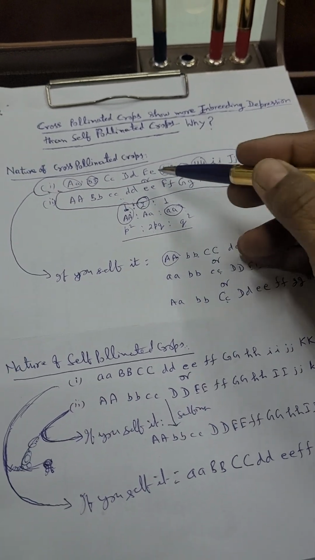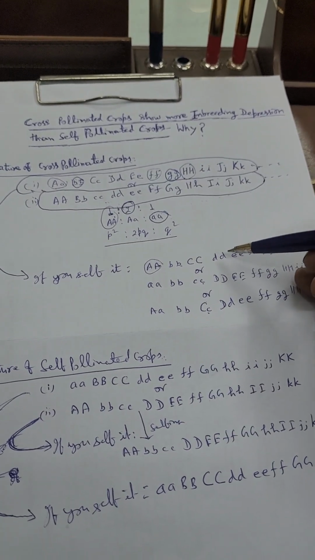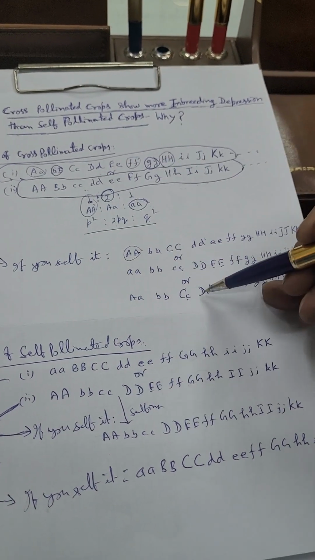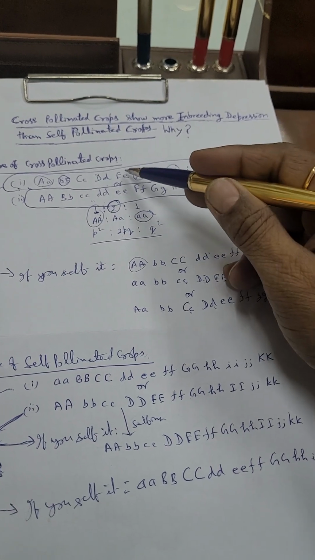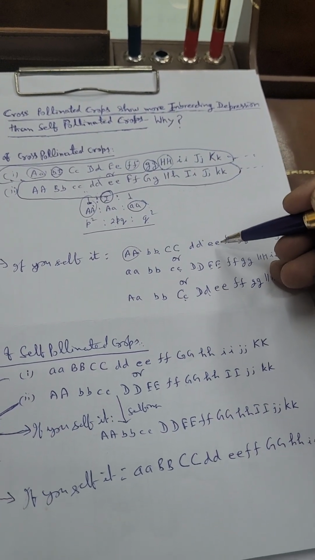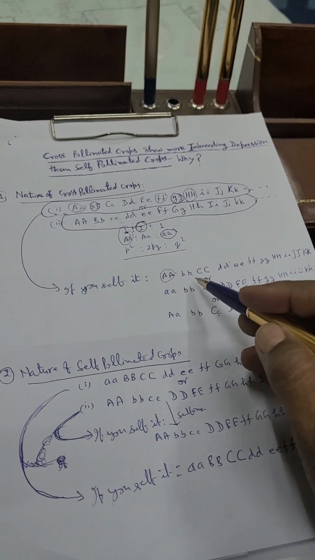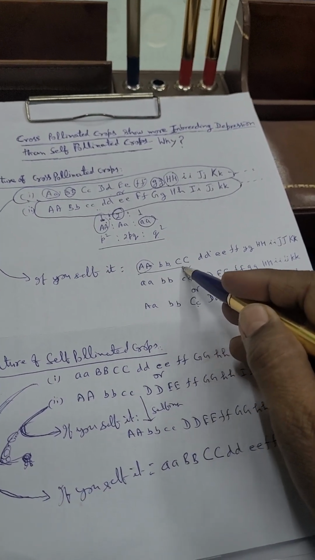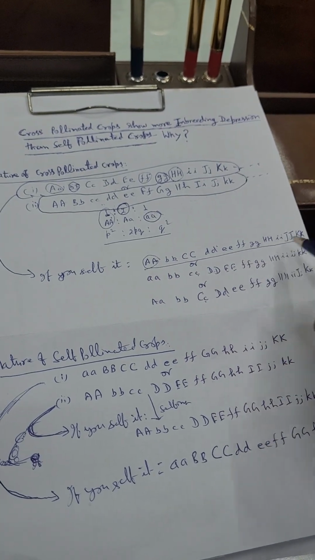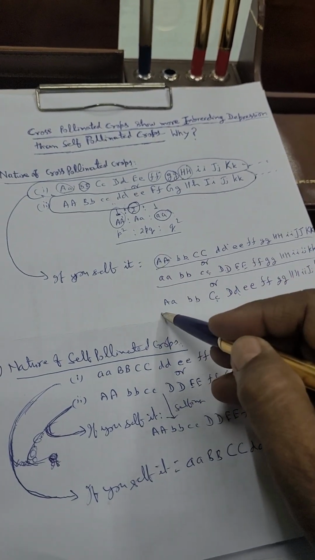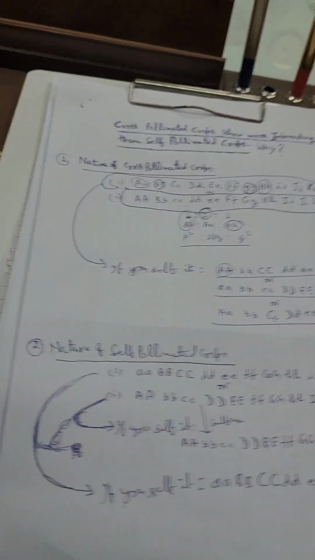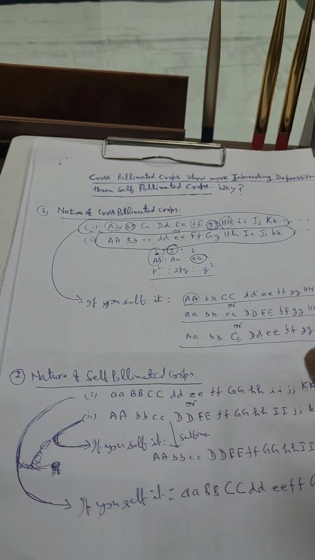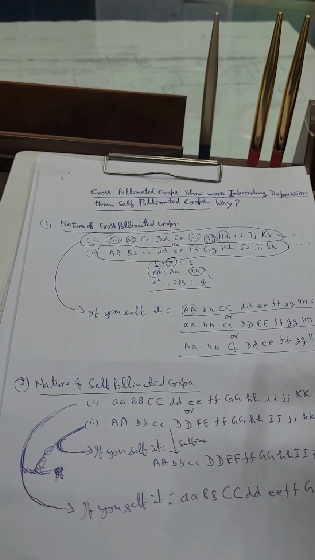Capital D, you may get small d, capital D, or capital D small d. For capital E, small e. So if you see that in the majority of the loci they come to a homozygous condition, and wherever heterozygous condition exists, in the majority of the cases we find that dominance is the cause of heterosis.